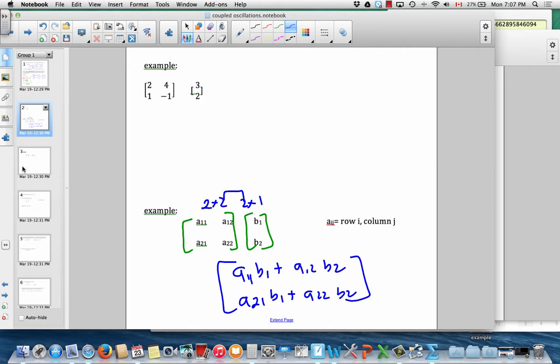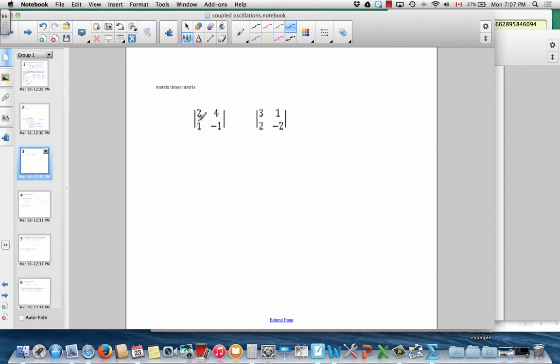Now those were examples multiplying a matrix by a vector. You can also multiply matrix by matrix. So here, you multiply across rows. Across the first row, down the first column, is 2 times 3 plus 4 times 2, so that's 14. Then across the first row and down the second column is 2 minus 8, that's negative 6.